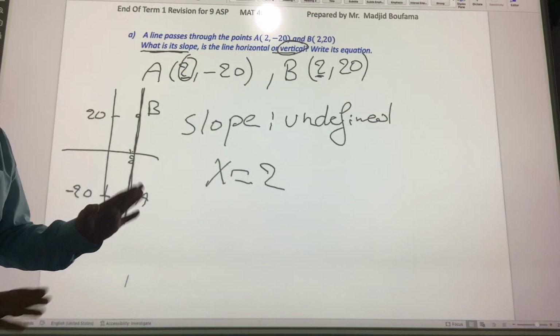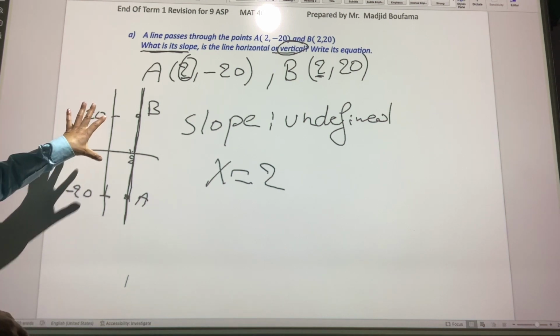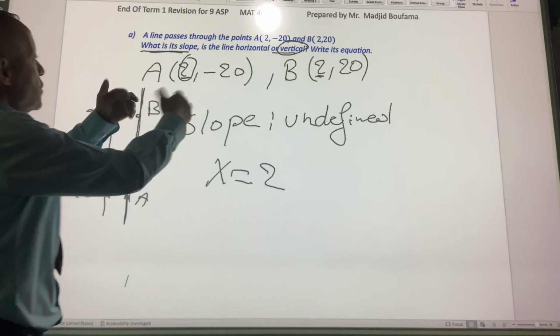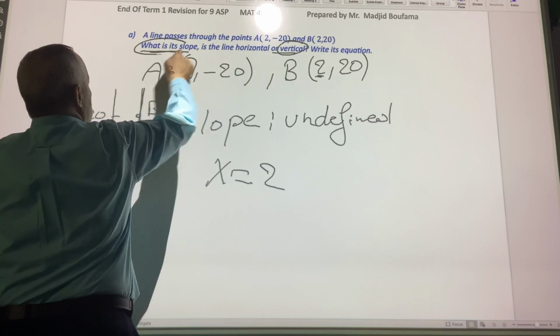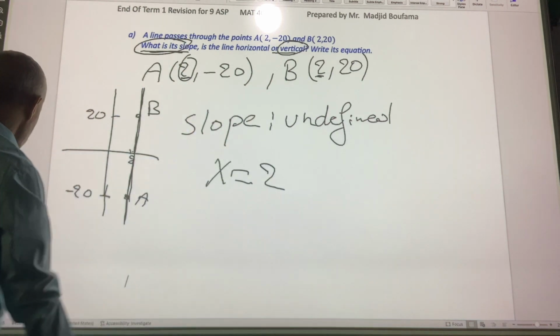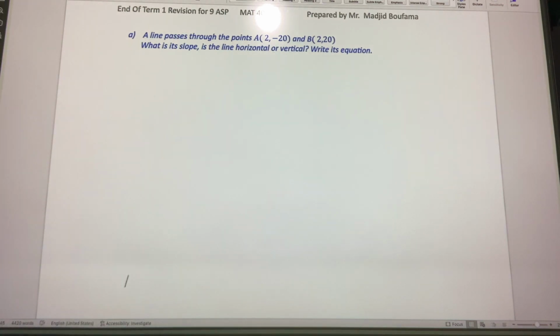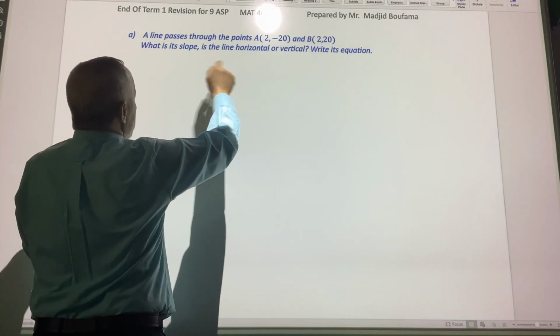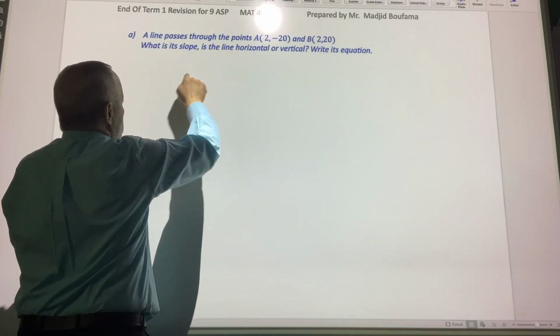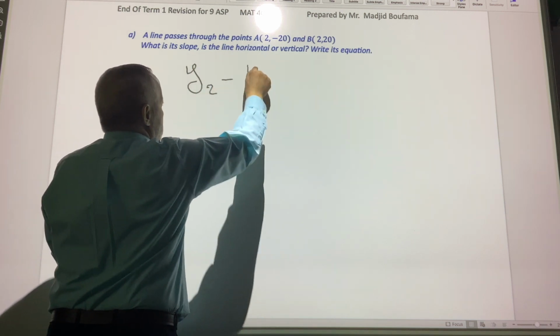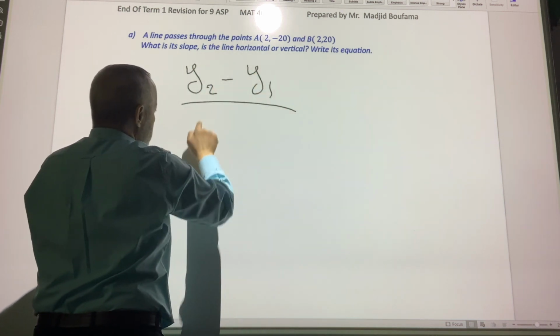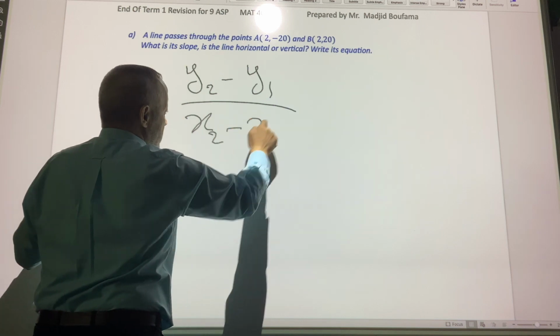Now, let's say you didn't think about drawing it, and you started solving with the slope. I'm going to clear this and show you another way of approaching this type of question. You start calculating the slope. You know that the slope is y2 minus y1 over x2 minus x1.